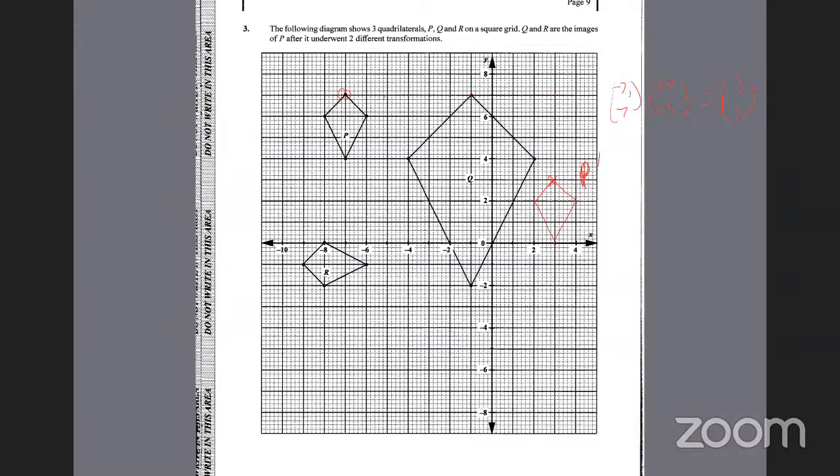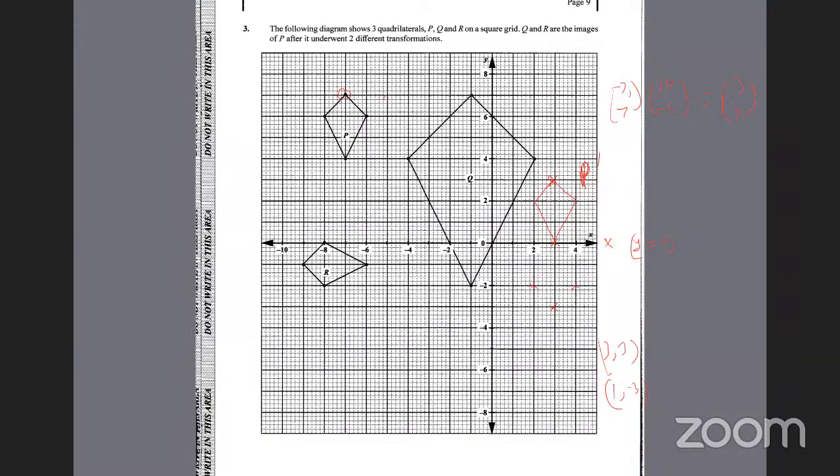And then they want you to get P double prime. So you're going to reflect in the x-axis because y is 0 here. Remember, when you're reflecting, if you reflect (3, 3), the x value stays the same, but the y value becomes -3. So that'll be right here, right here, right here.